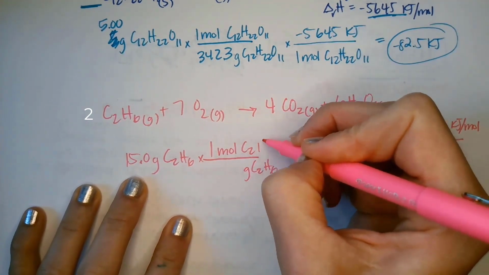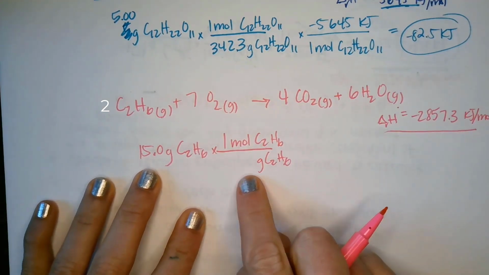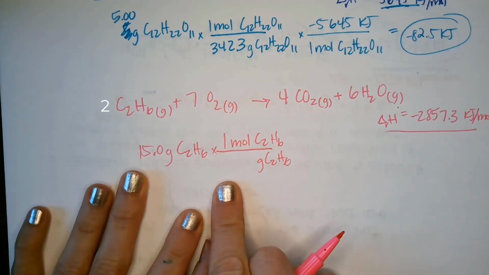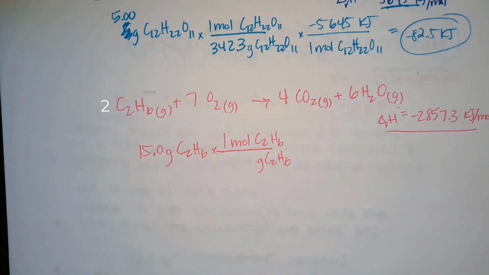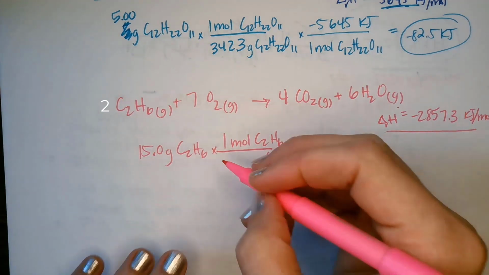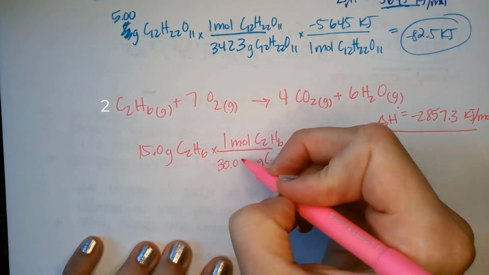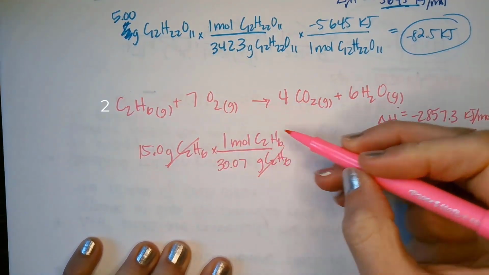And we know that when we're finding the molar mass, it's always for 1 mole of ethane. So let's do that quick calculation here. And I just added 2 C's and 6 H's to get a molar mass of 30.07. All right, that's grams to moles. And then, look at this one.